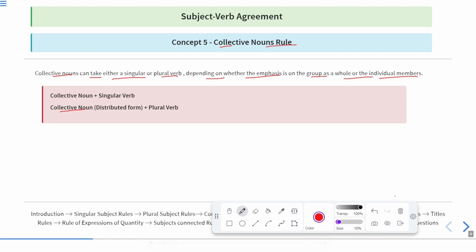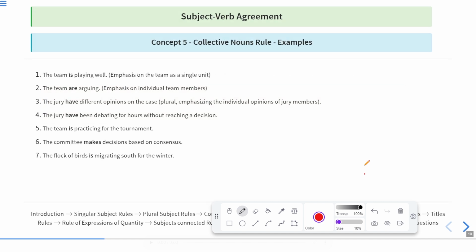But when we use a collective noun in distributed form, meaning when it does not show the collection itself, when it is not used for the entire team or group but we are talking about the contents or the individual members of it, then, since it is scattered or distributed, we use a plural verb with it. Let us discuss with the help of some examples.